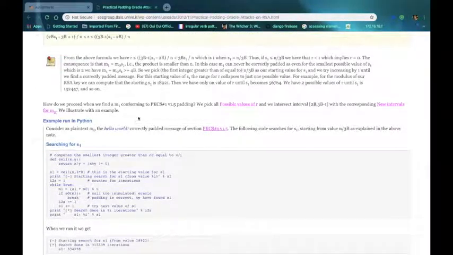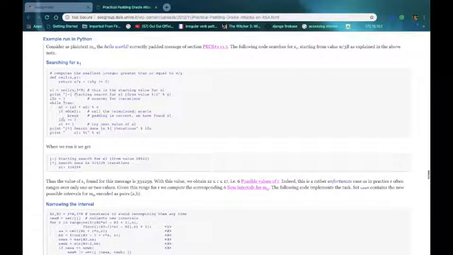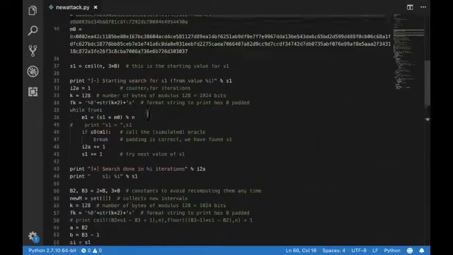Now the next thing is we proceed to find the s1. This is done using the help of the oracle. I will show you the code for the oracle that I have written.